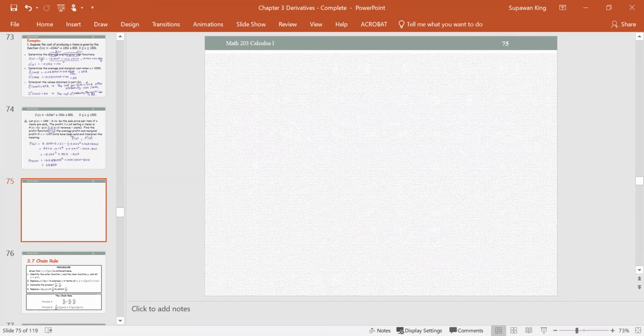Next, we're going to find the average profit, which is P bar. P bar of x equals the total profit divided by the total items sold.